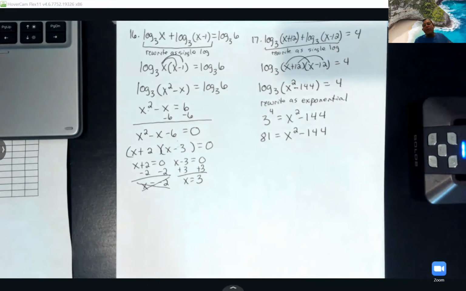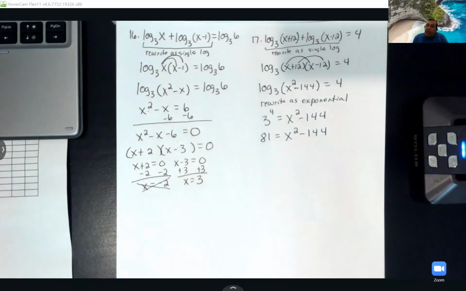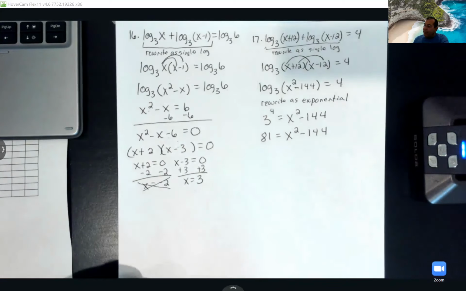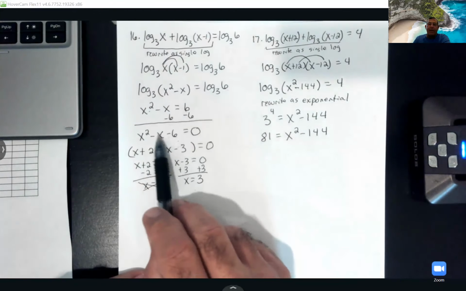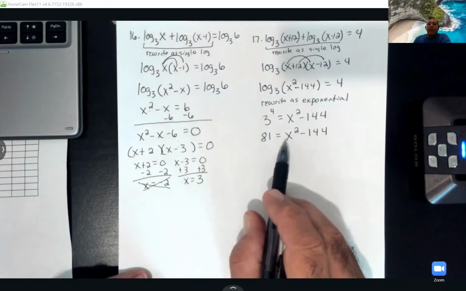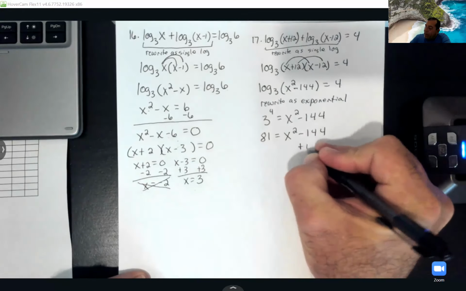Or, since you don't have an x term, you can add 144 to both sides and take square roots. I mean, you can do it either way. So remember, I can do it different because it ain't got these x's in the middle like we had over here. So y'all, let's see. Square roots are usually quicker.